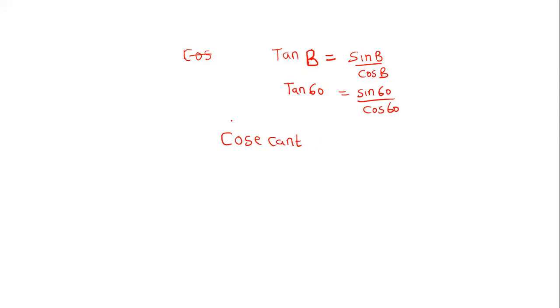Cosecant also comes from cosine, so we abbreviate it as cosec. Cosec of A is the same as 1 out of sine of A. Please take note.